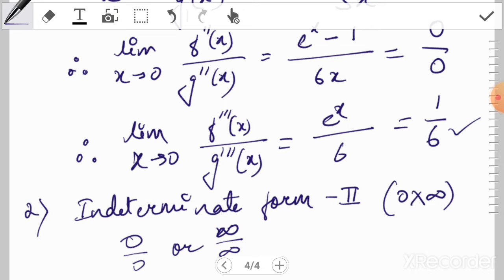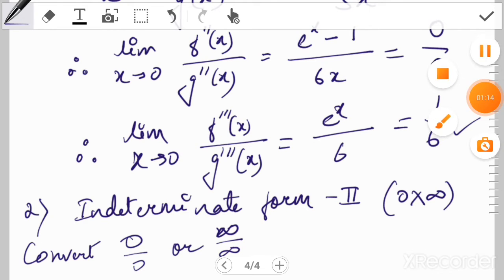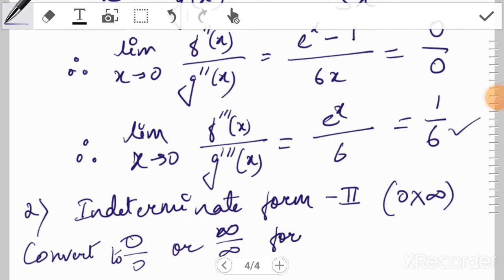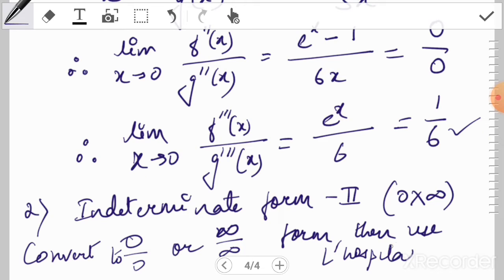So convert it to 0 by 0 or infinity by infinity form, and then use L'Hospital's rule, okay.